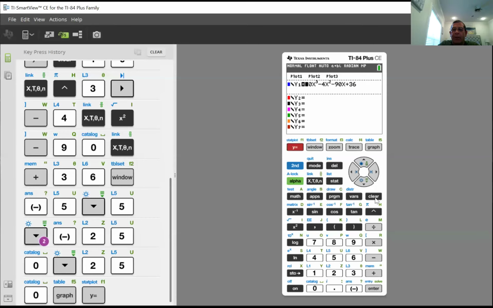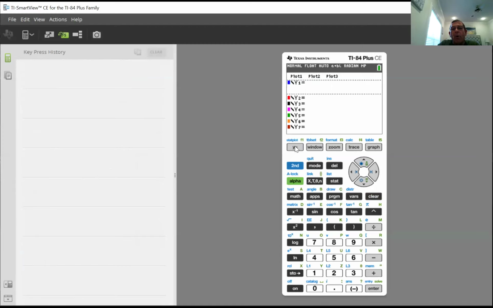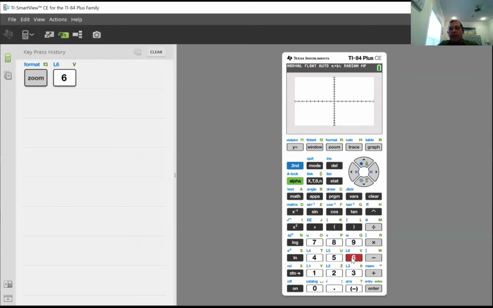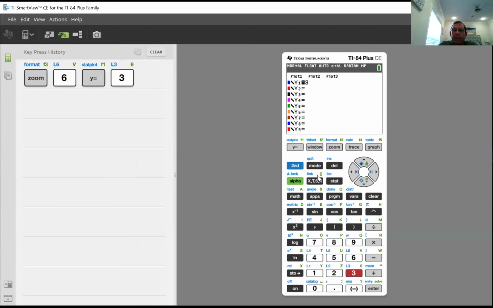I'm going to go to y equals and clear everything out. Now, let me show you what I'm going to do first. I'm going to reset it back to a 10 by 10 by doing zoom and number 6. That'll put me back on a 10 by 10 graph, okay? Just to start out with. Now, y equals, I had a 3x to the third.